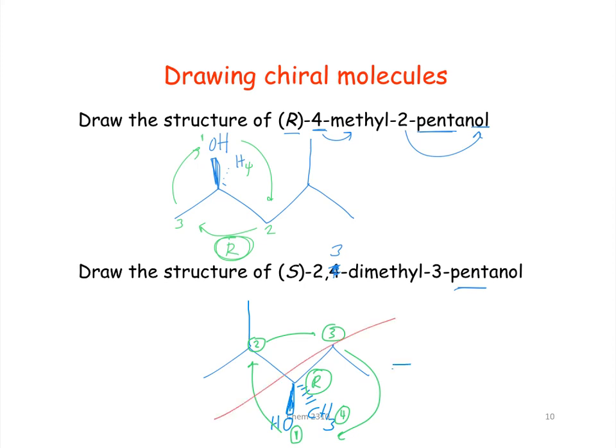So we're going to just redraw this with the methyl group in front and the OH in back. Okay, so now this one would be S. Okay, so this is our correct structure over here.